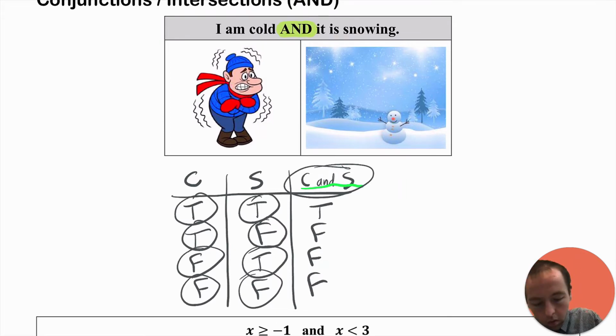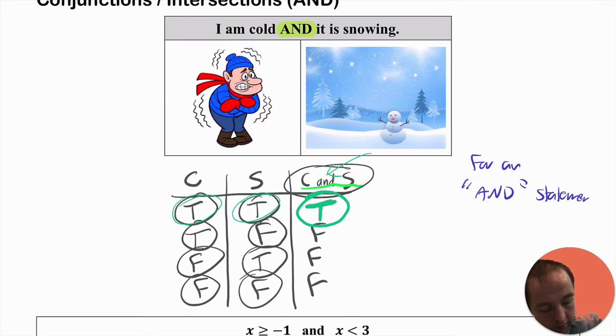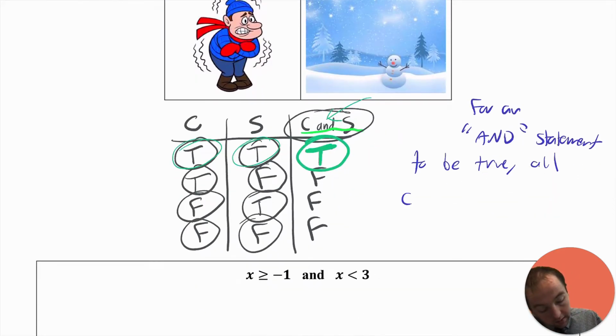So the only time we got a true statement for an "and" statement is when both of the individual conditions were true. What that means is that for an "and" statement to be true, so to join a bunch of things together with the word "and," all of the individual conditions that are joined together with "and" need to be true.